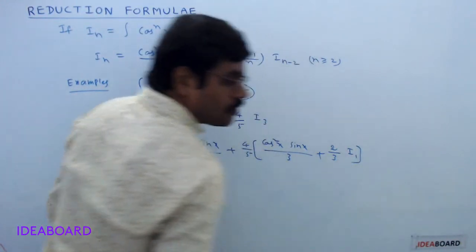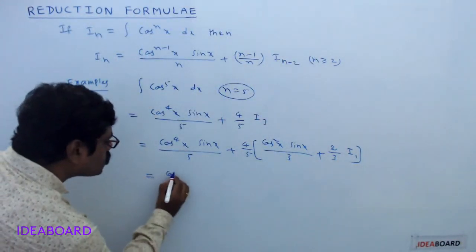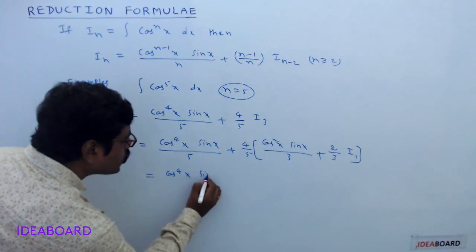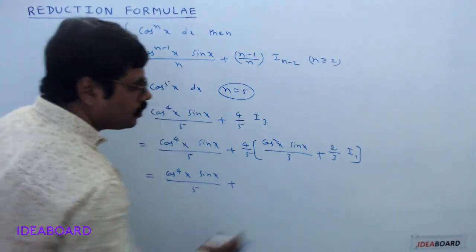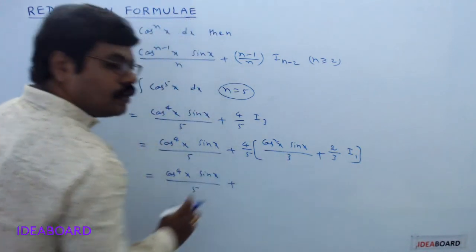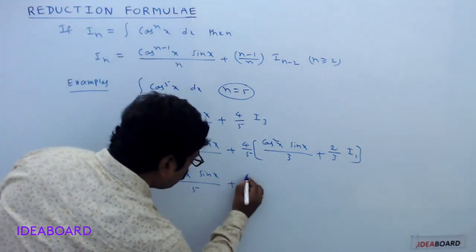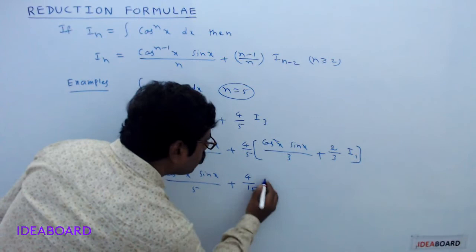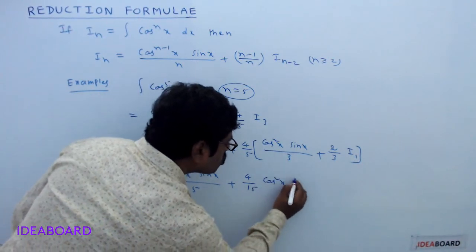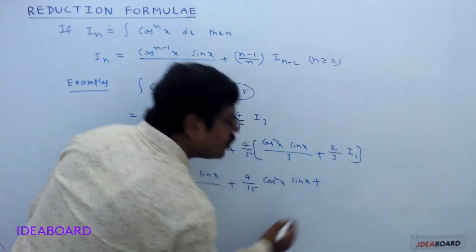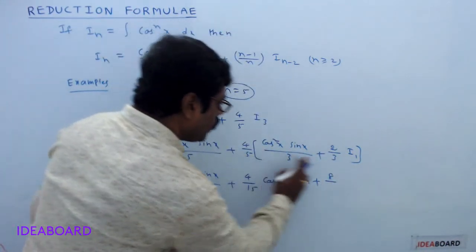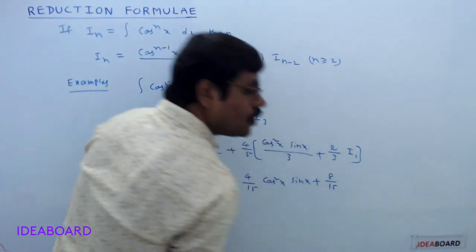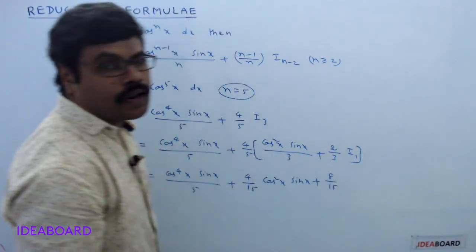So this is I1. This equals cos power 4 x into sin x divided by 5, plus multiply these two terms with 4 by 5. So it is 4 divided by 15 into cos square x into sin x, plus 4 into 2, 8, divided by 5 into 3, 15, into I1.